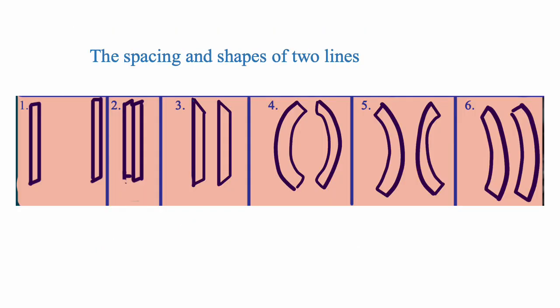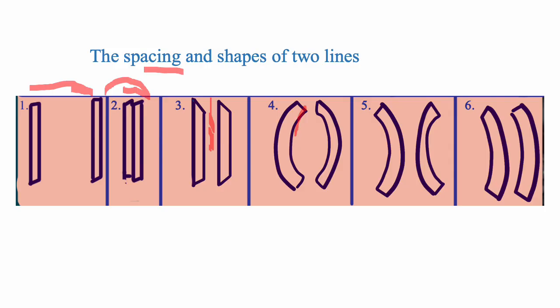This shows you the spacing and shapes of two lines and how they can differ. So think of the shapes as magnets. If they're too far apart, they don't seem related and there's no attraction or tension. If they're too close together, they appear to merge as one. If there's a small space in between, they pull on each other dynamically, or maybe look like they're squeezing this space.